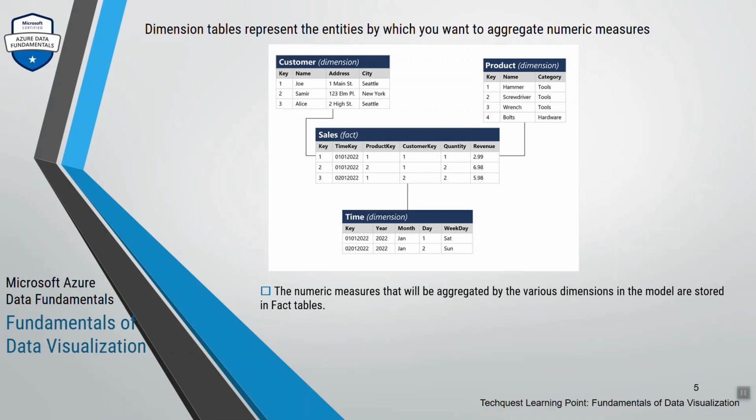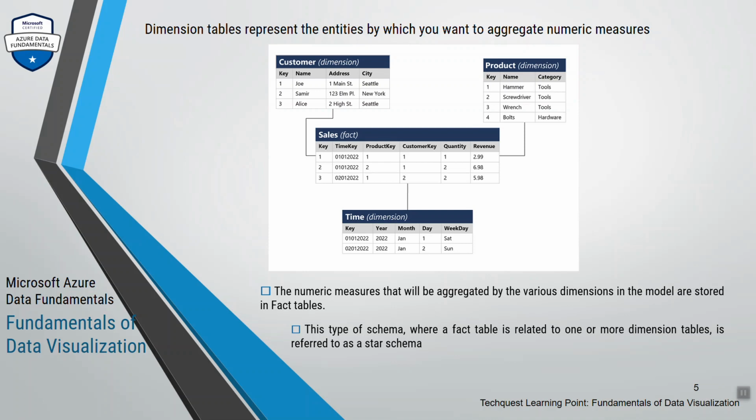For example, the sales table in the schema below represents sales transactions for individual items and includes numeric values for quantity sold and revenue. This type of schema, where a fact table is related to one or more dimension tables, is referred to as a star schema.